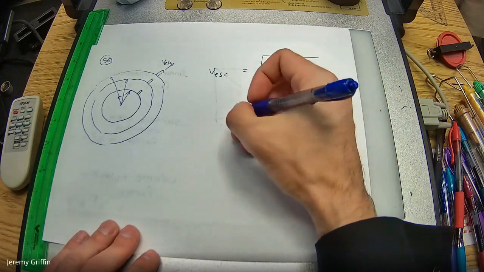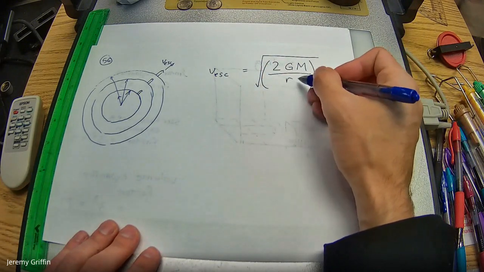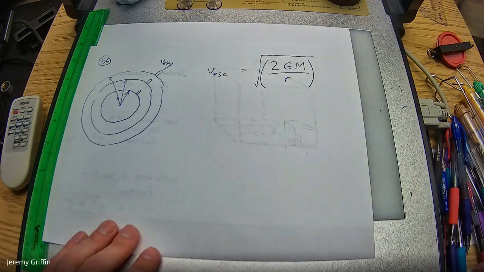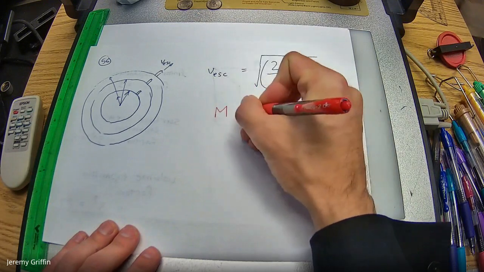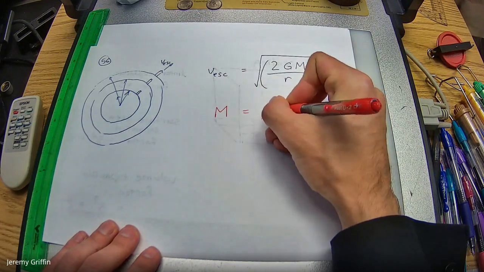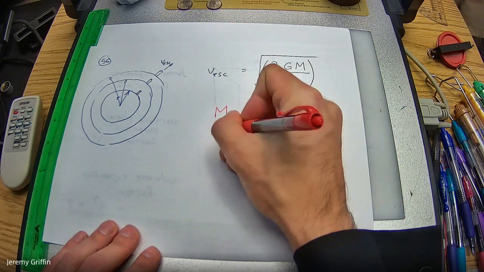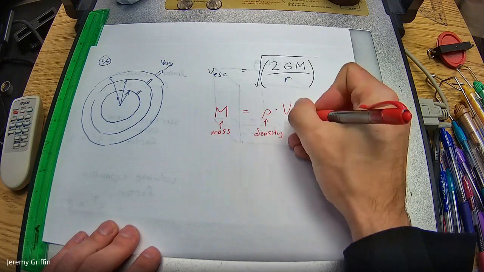Let's get an expression for mass in terms of radial size. Maybe I'll change ink color here. Isn't mass equal to density times volume? So mass equals density times volume.